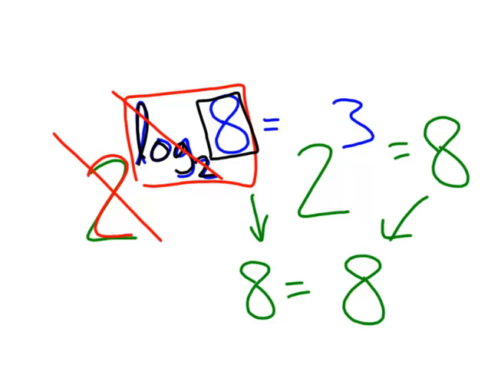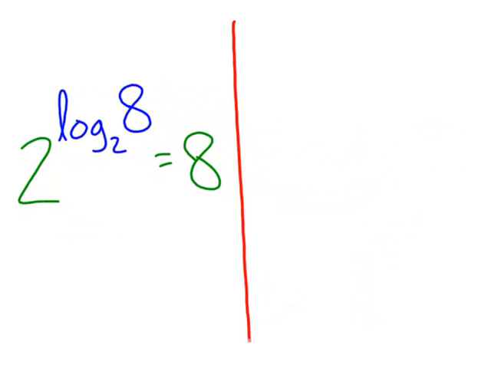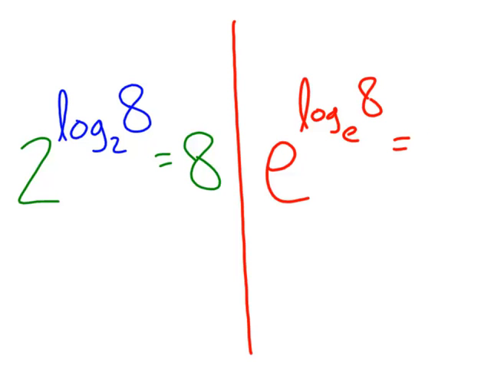Okay, if you bought all that, let's see where this is going to lead us for today's video. Of course, we recognize there's nothing terribly special about having used the base 2 here, so we can write a similar statement and have no trouble believing it, that e to the log base e of 8 is also going to give us 8.